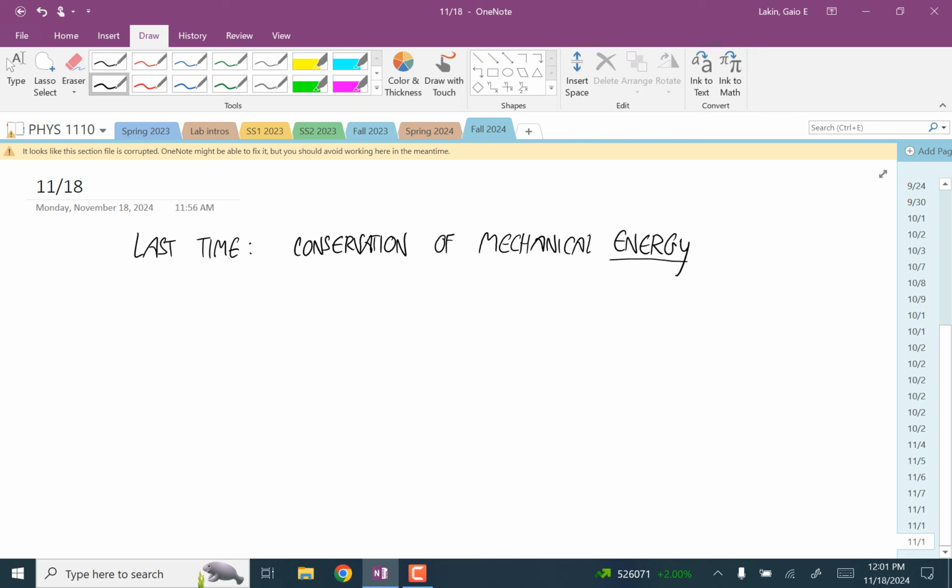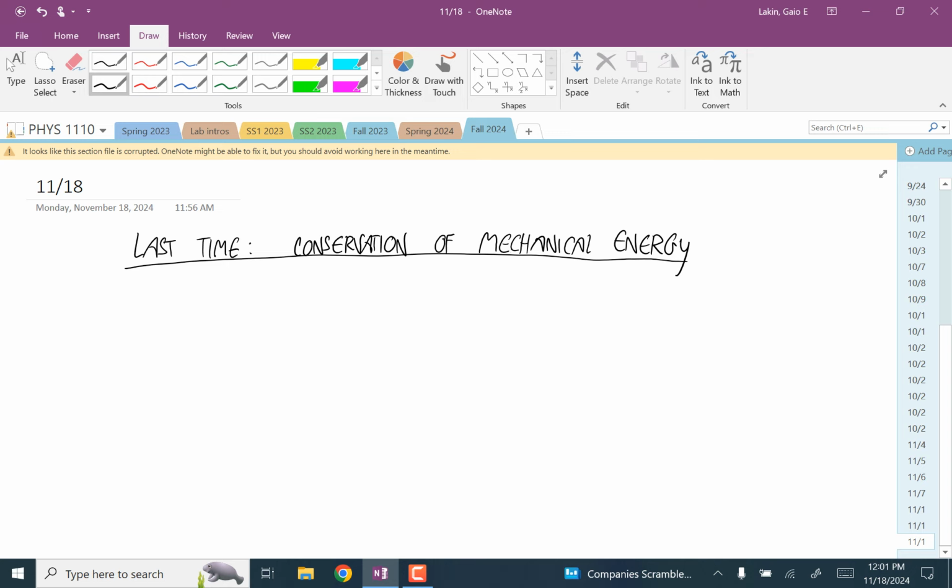And you can use this idea anytime there aren't big changes in thermal energy, like if temperatures aren't changing drastically over the problem you're doing, or electrical energy or magnetic energy.